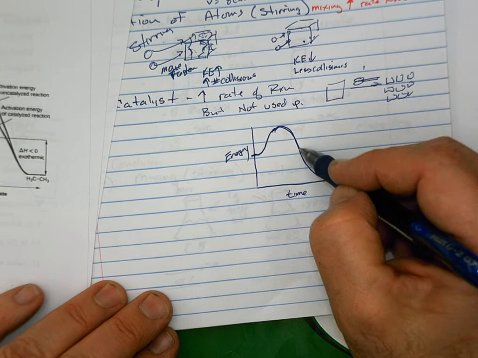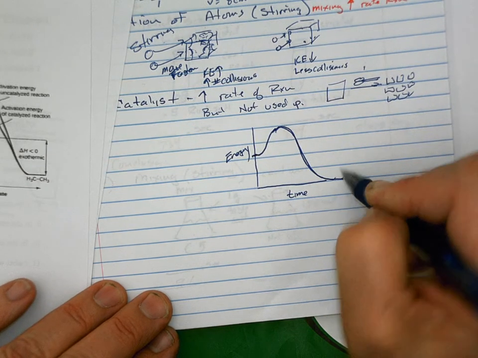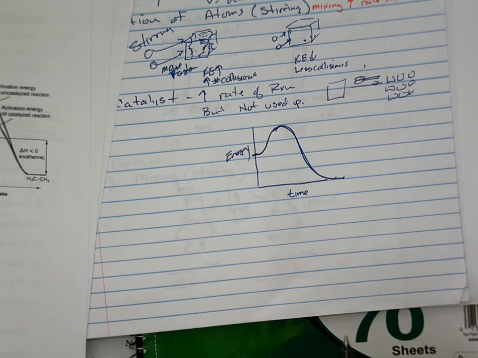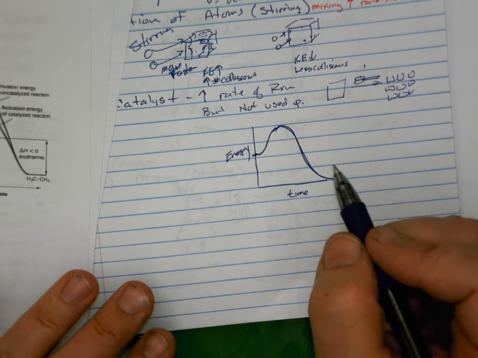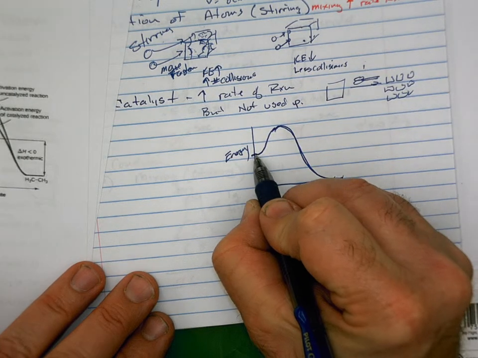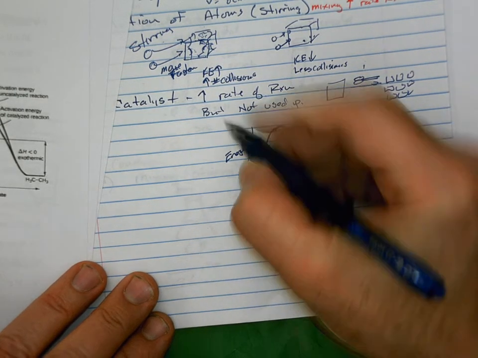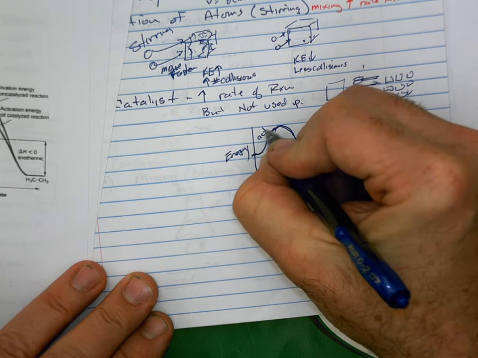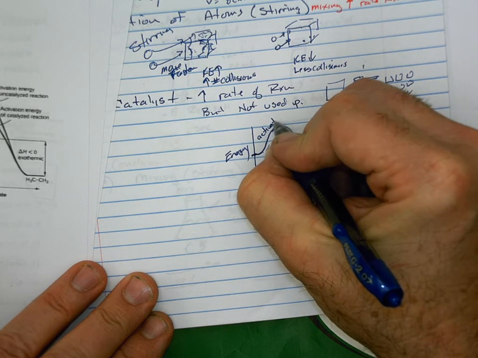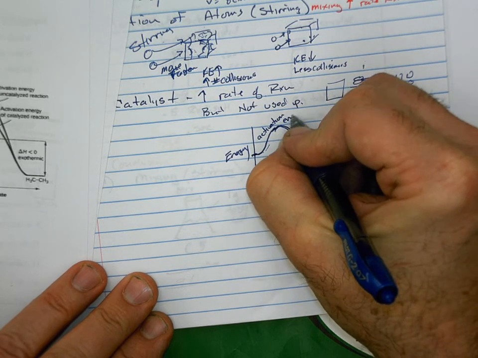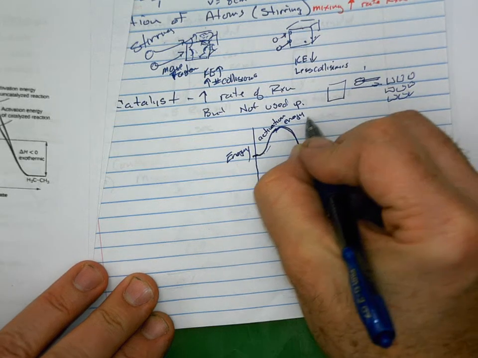Okay? Now, if we use a catalyst, so now if we add a catalyst, what a catalyst does, a catalyst makes this, this is called activation energy. Activation energy. It's the energy to start a reaction.